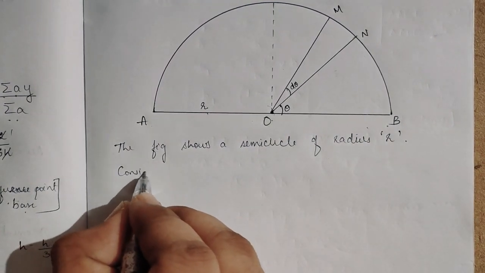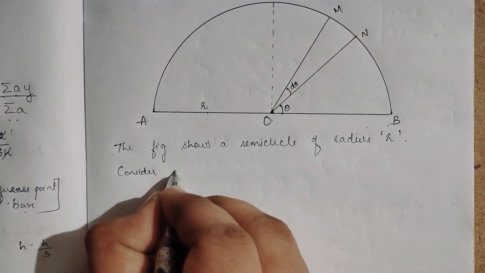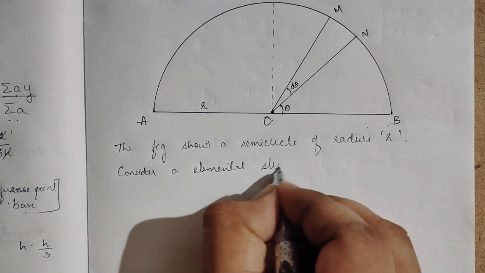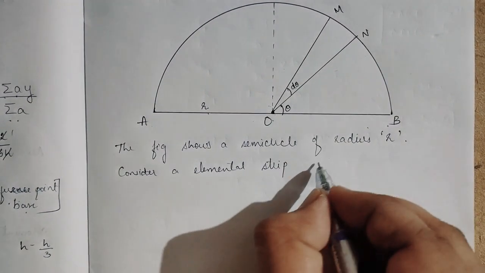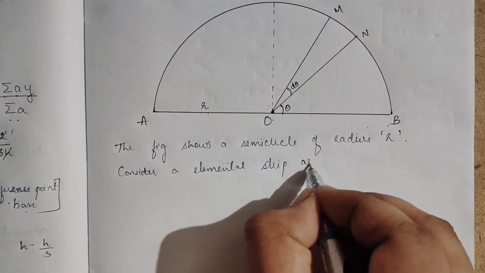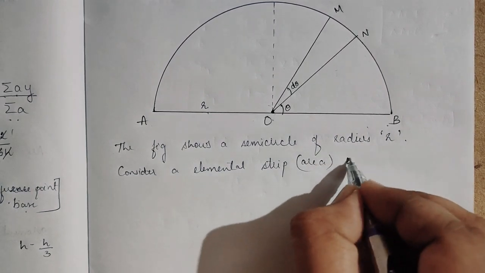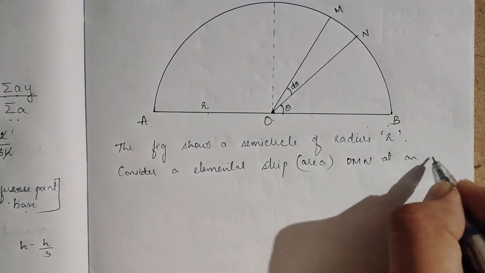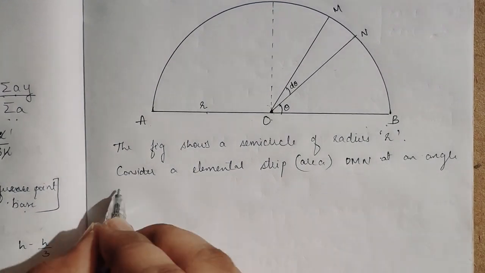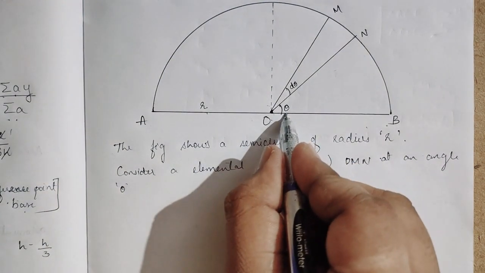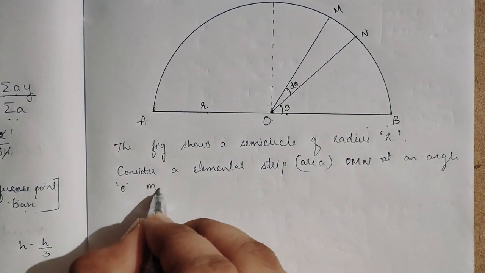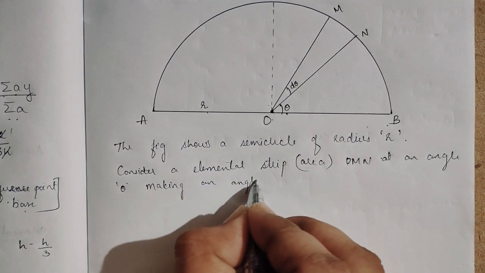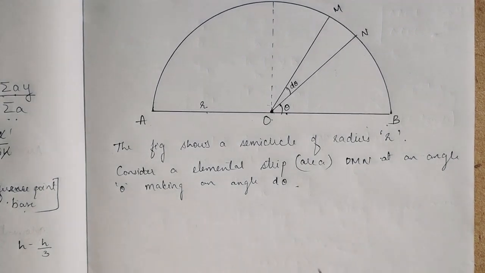We consider an elemental strip or elemental area OMN at an angle theta, making an angle d theta.